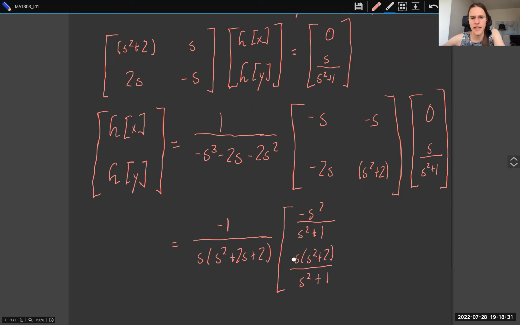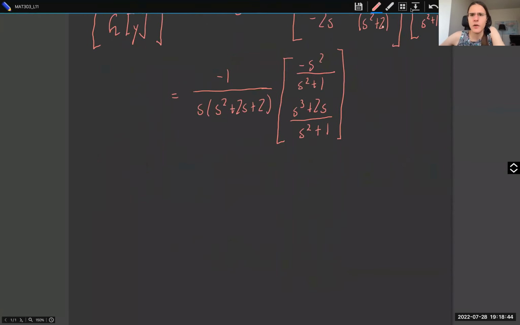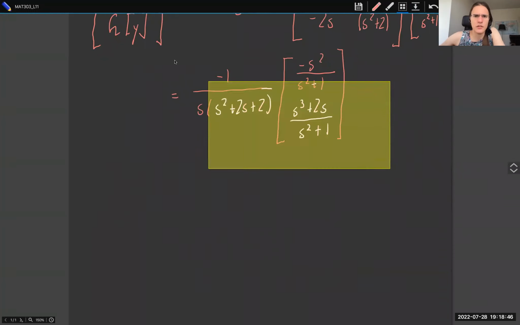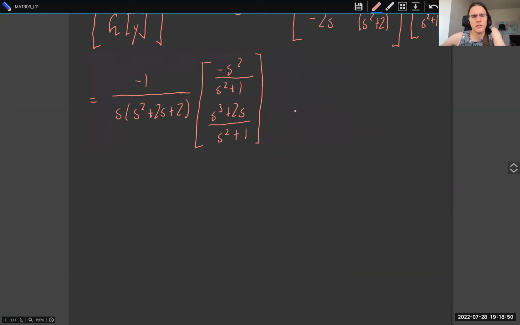Or I can rewrite this as S cubed plus 2S. And then these S's actually cancel out.